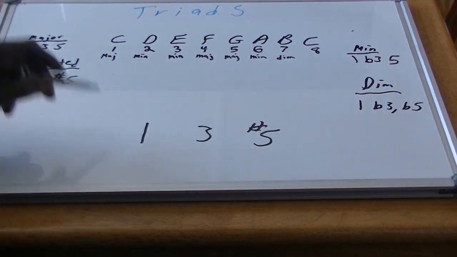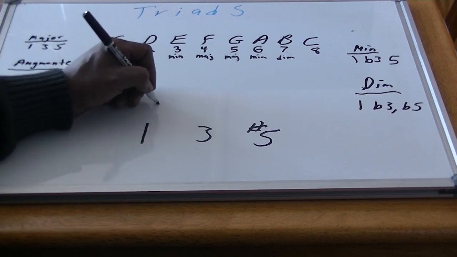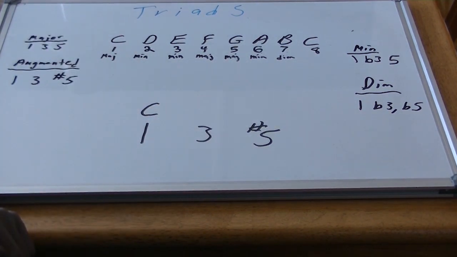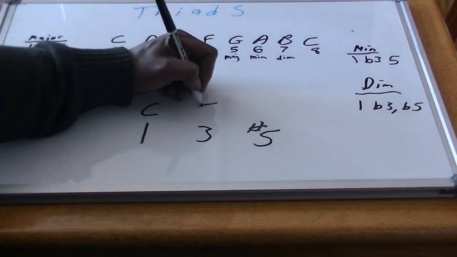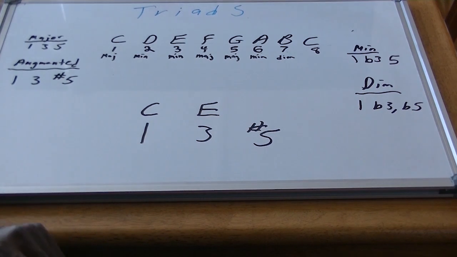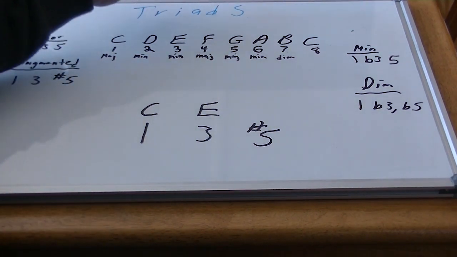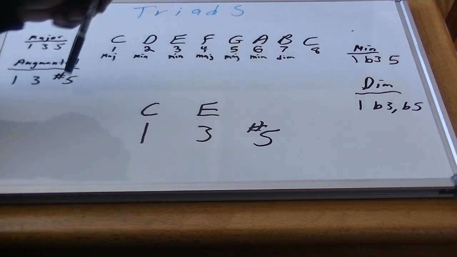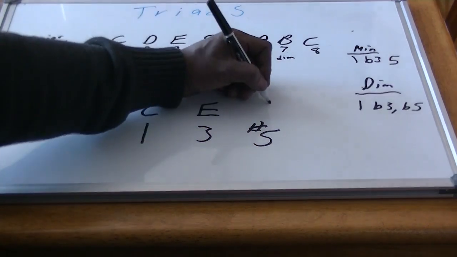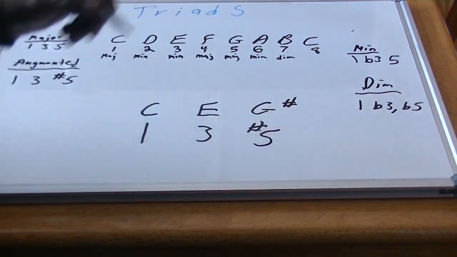So we need the first note of the scale, and that gives us C. And we need the third note of the scale, which gives us E. And now we need the sharp fifth note of the scale. So we need to find the fifth note of the scale, which is G, and we need to sharp that note. And when we sharp the G note, it becomes G sharp.